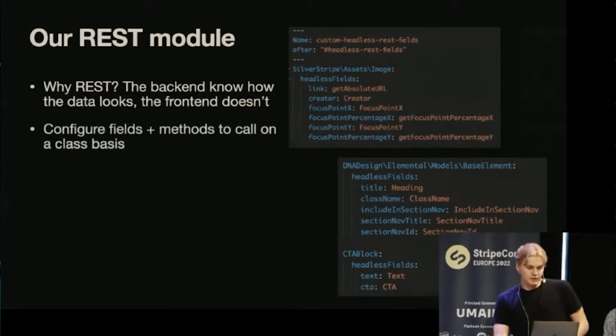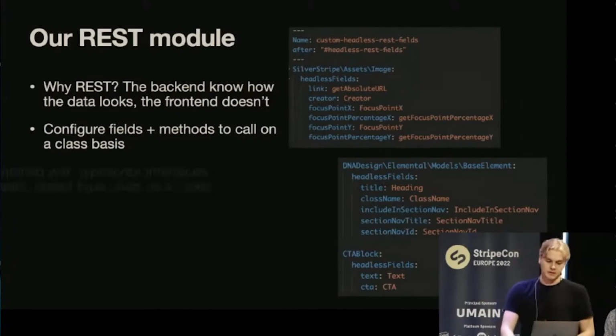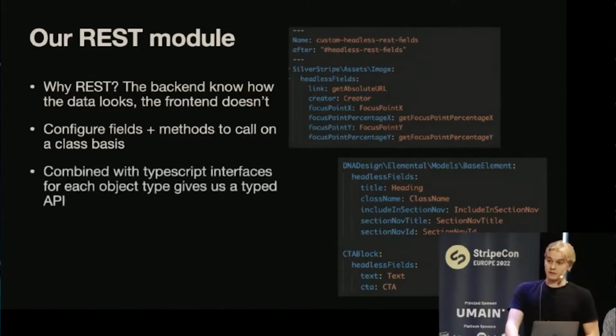Yeah, so we can configure the fields and methods, as I said. And in the JavaScript code, we just defined types for all of this. That's one disadvantage of this, that we don't get the types automatically like you do in GraphQL.